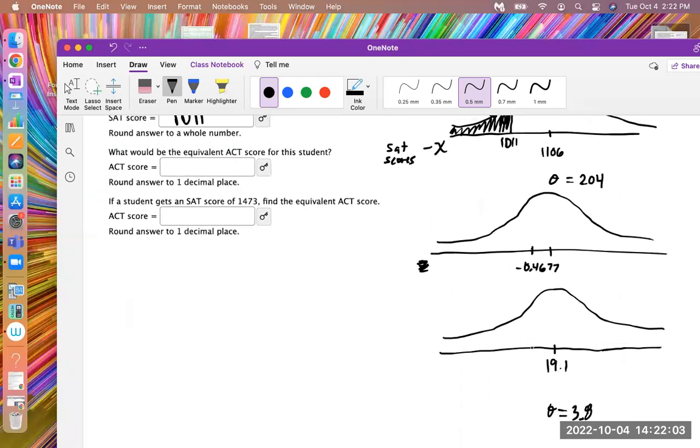If we're 0.4677 standard deviations below this mean, then where are we on the x-axis?